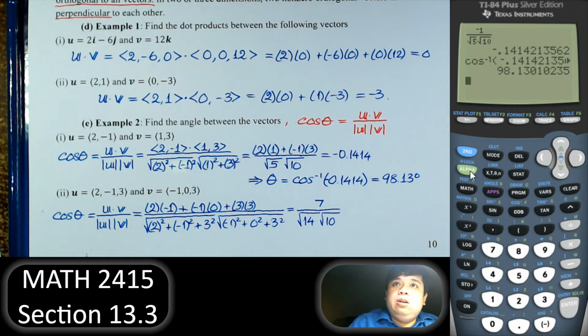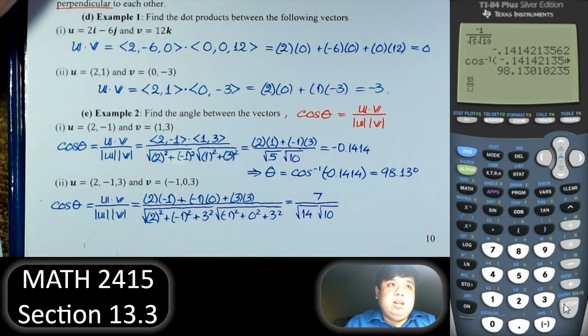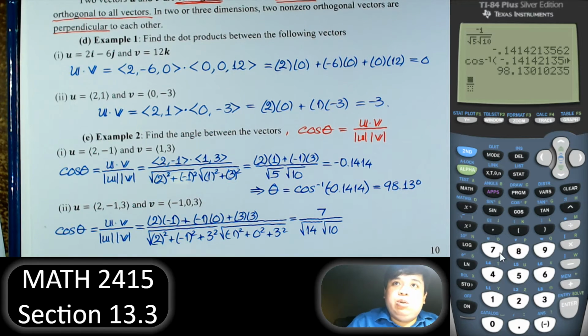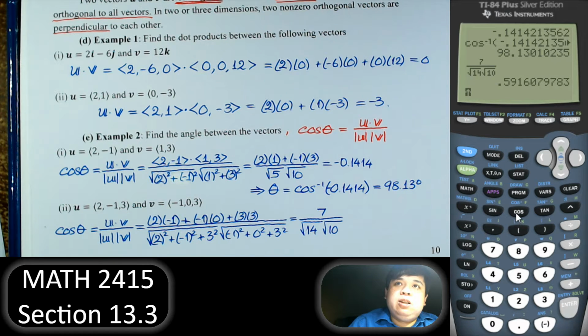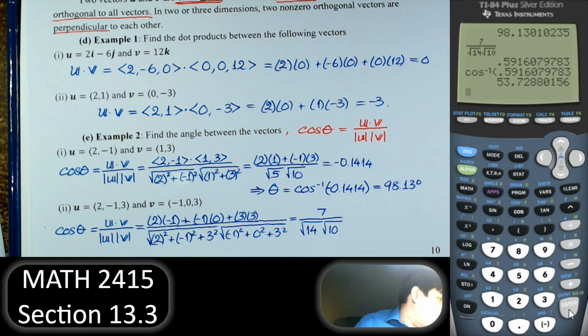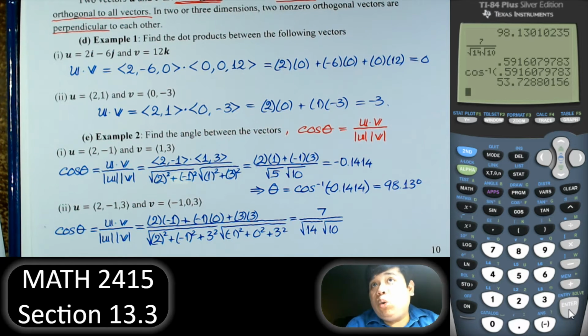So the fraction, we can just put in cosine inverse of this, but I'm just going to do 7 divided by the square root of 14 and the square root of 10. So that much, and then the cosine inverse gives 53.73 degrees.